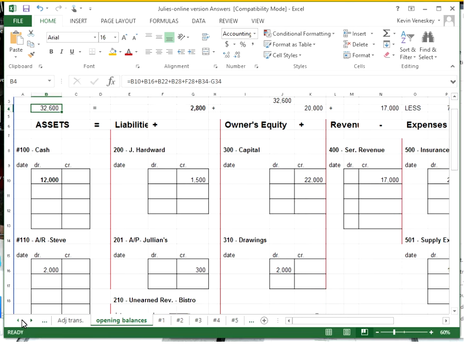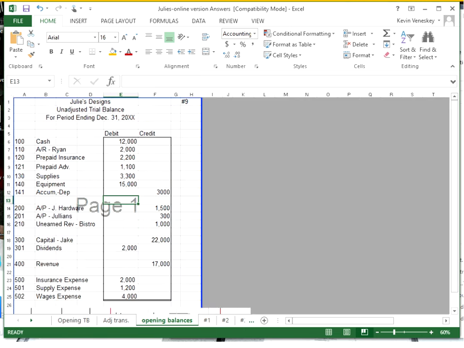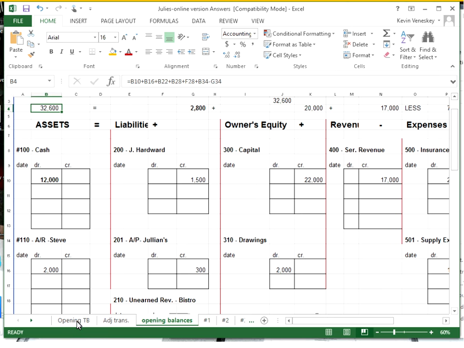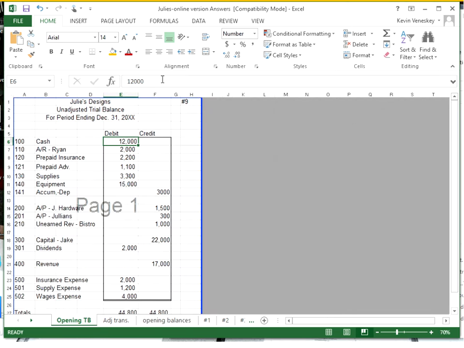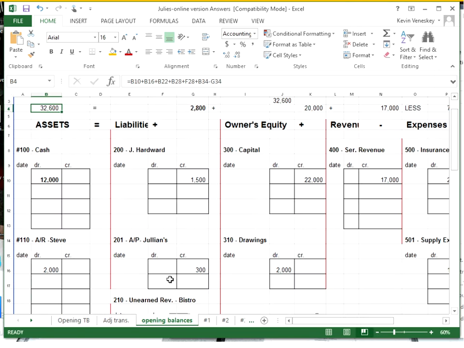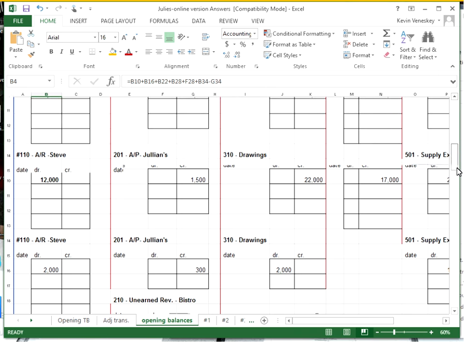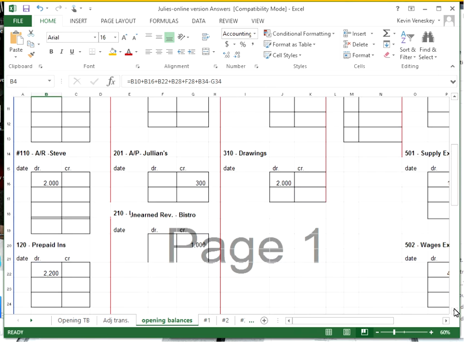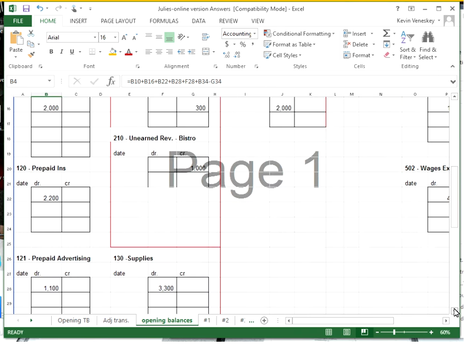So for example, cash, I had $12,000 in my opening trial balance, and then I had an accounts payable. It's actually to Steve. I have the wrong name here. It's actually to Steve. Let's update that. We have prepaid insurance, prepaid advertising. So all of the accounts that you see there, I have listed here in my T accounts.